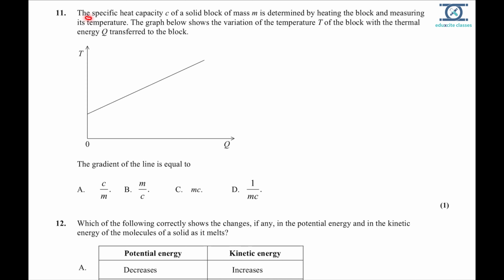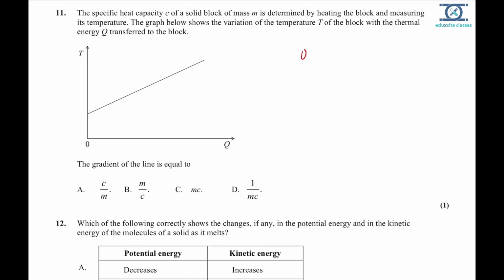Now question number 11. The specific heat capacity c, again of a solid block of mass m, is determined by heating the block and measuring its temperature. The graph below shows the variation of temperature of the block with the thermal energy supplied. Now again, you can see the temperature is continuously increasing.